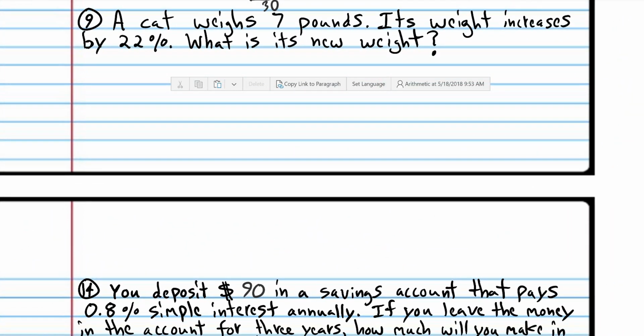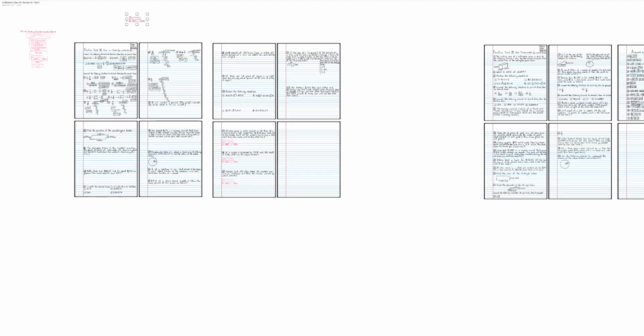So there are 3 types of problems that we need to go over for percent change. I'm going to go ahead and write those up here. I'm going to bring those equations down so we have them there.